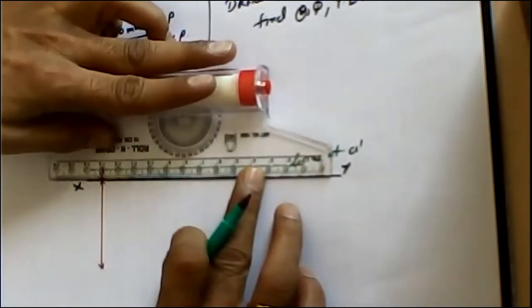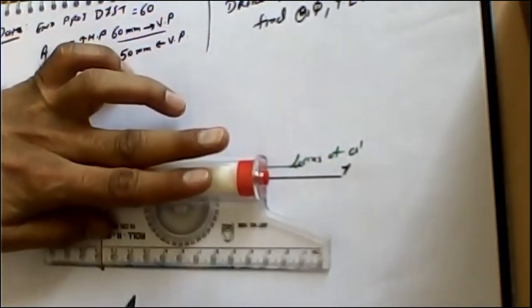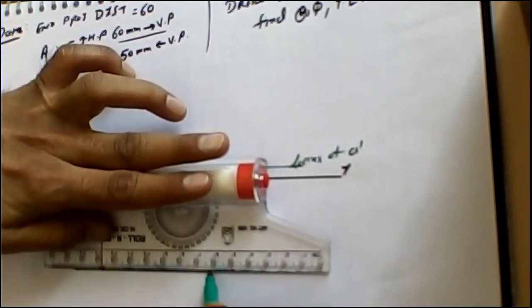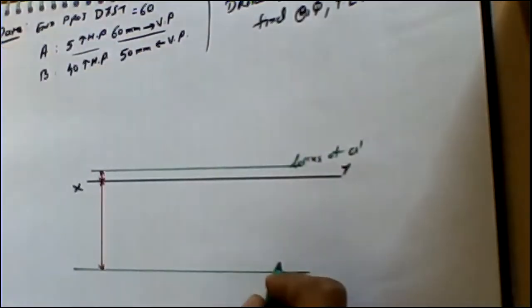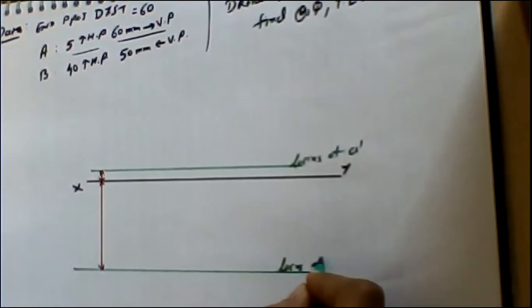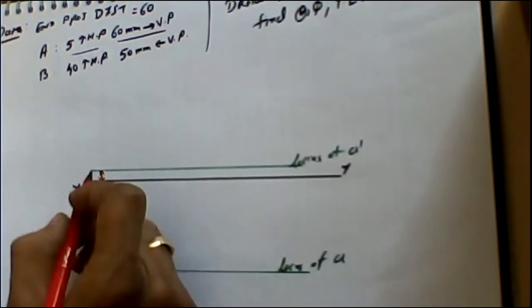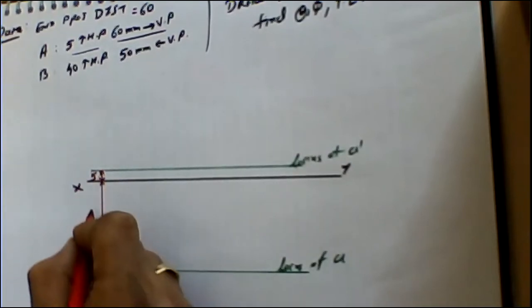You should take care of how the ruler scale moves. This is going to be the locus of plan of point A. The dimensions you can refer to are 5 mm over here and 60 mm over here.